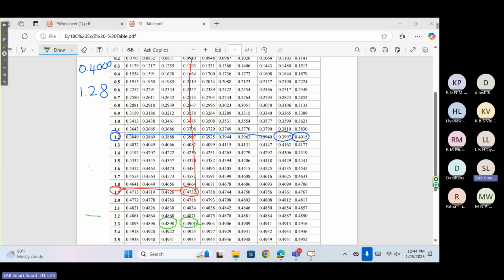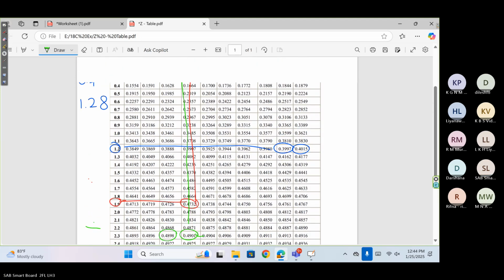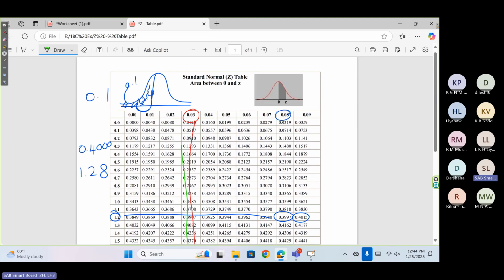Here the 2.3, then this line. Then the Z value is 2.33.